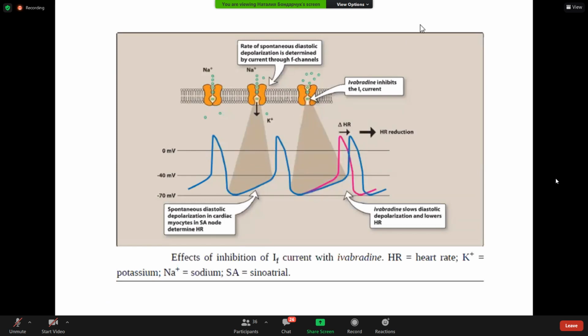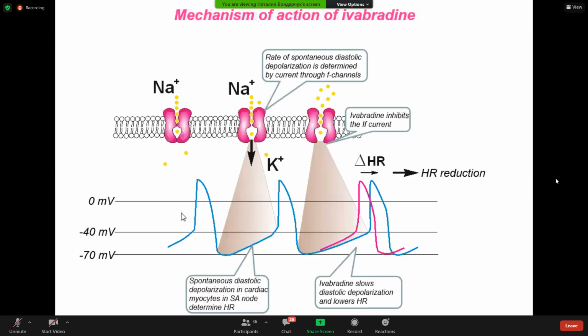So this is the action of ivabradine, antiarrhythmic action of ivabradine. So it belongs to the group of bradycardic drug. It affects fourth phase of action potential of the sinoatrial node.